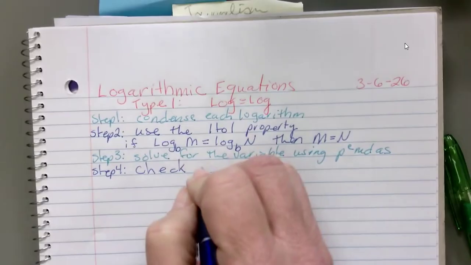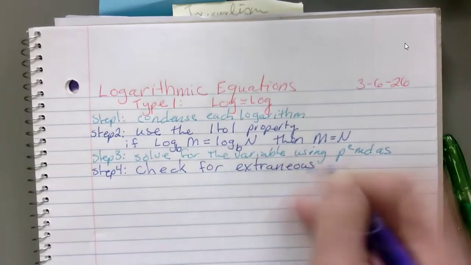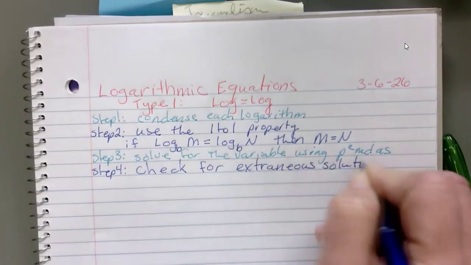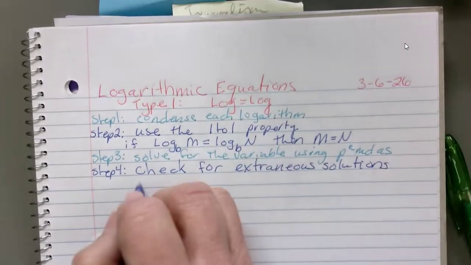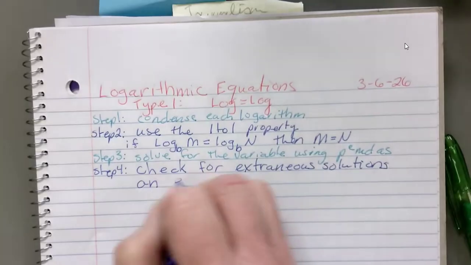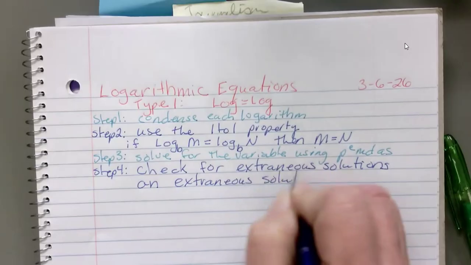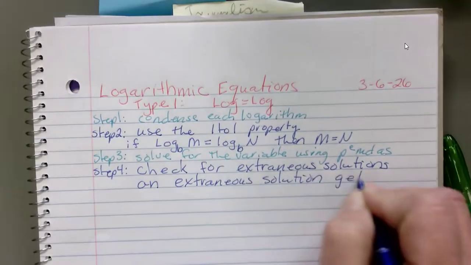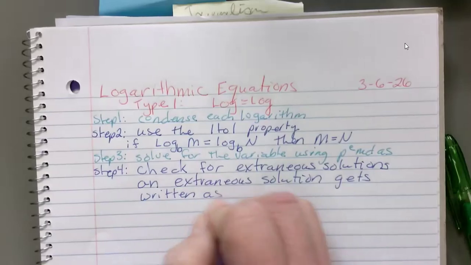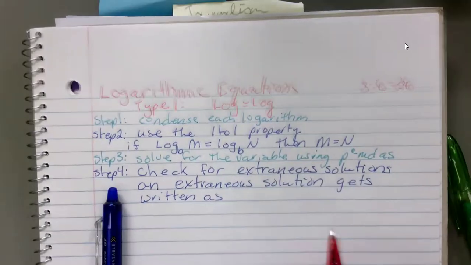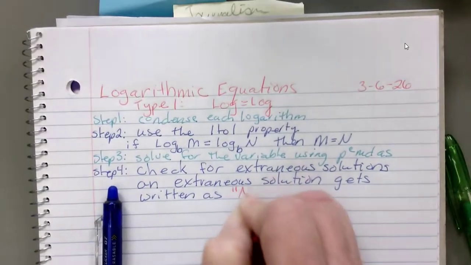We're going to check for extraneous solutions, or solutions that don't work, solutions that are outside of the domain, right? So an extraneous solution gets written as, and then if you would please have a red pen or some other color out to make this really noticeable, gets written as no solution.